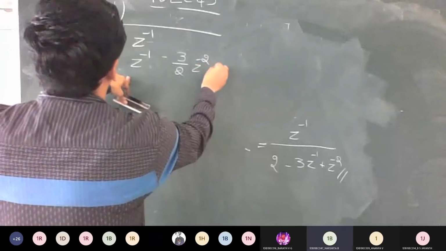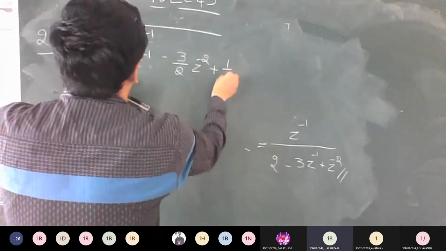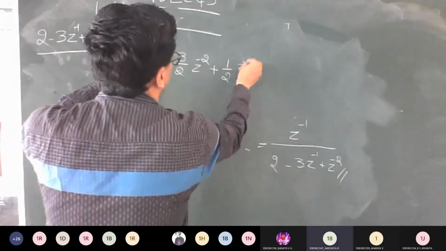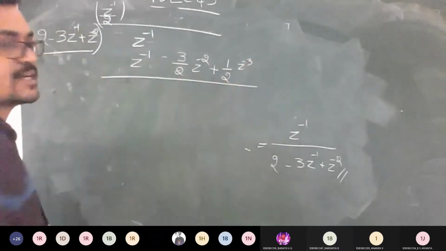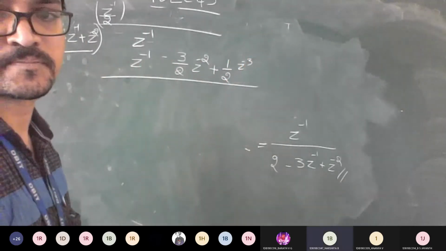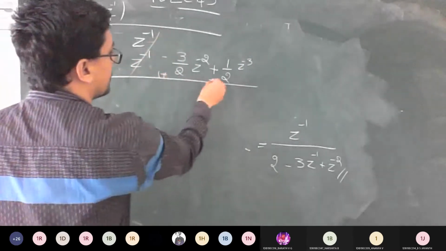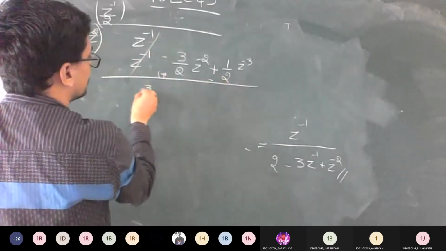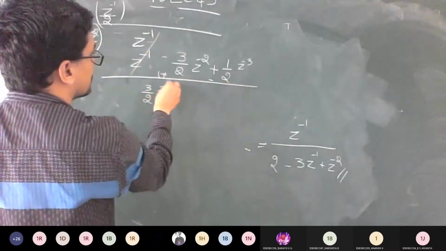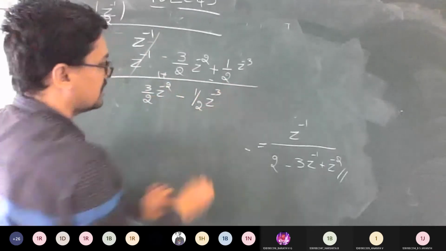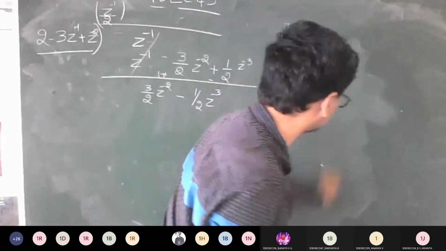Good. Plus 1 by 2 into z inverse, 1 by 2 z power minus cube. Correct, Nayar? Yes, sir. So again this will get cancelled, here plus, here minus. So it is going to be 3 by 2 z raised to minus 2 minus 1 by 2 z power minus 3. What is the next value I should give?